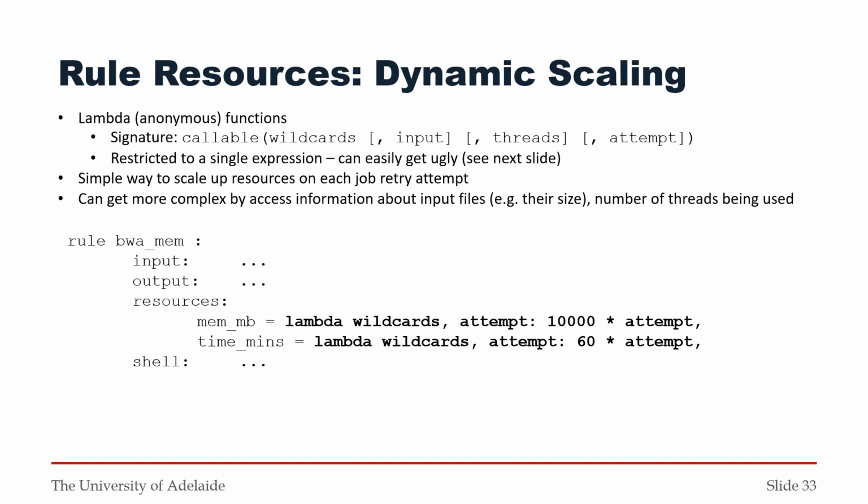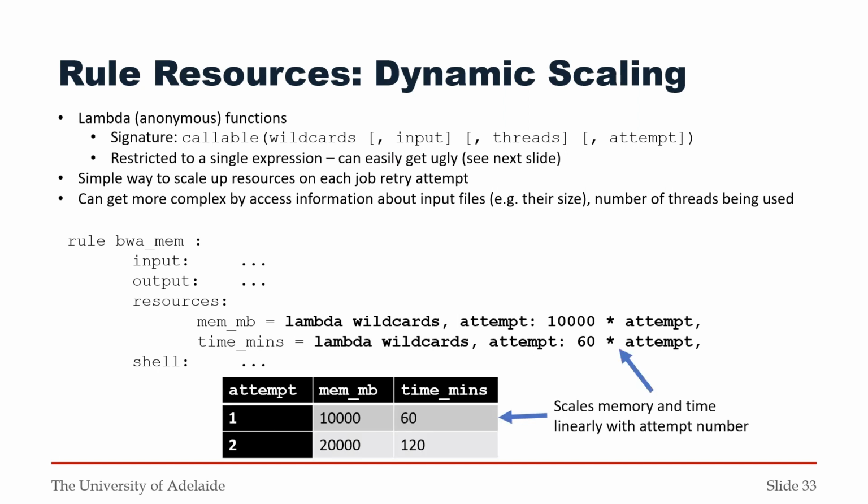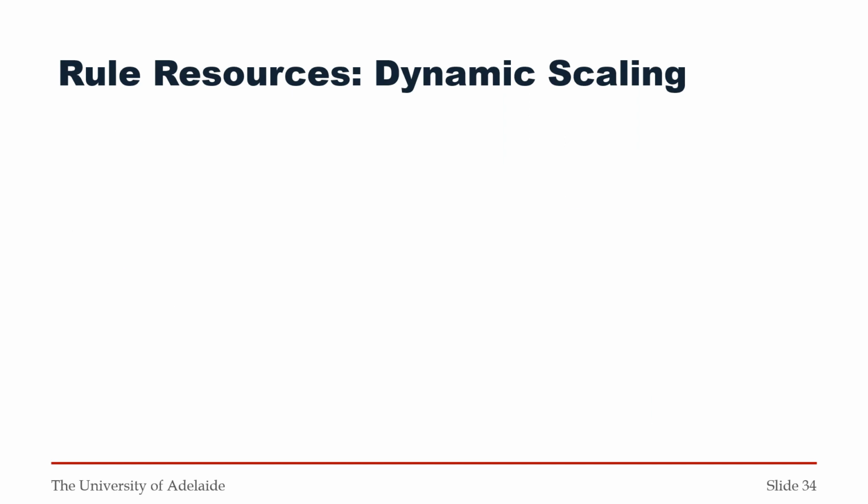So on the first run, the memory will be 10 gigabytes. On the second attempt, if a job fails, it'll increment that and go to 20 gigabytes, and something similar for the time requirements. So this is a bit of a blunt way of trying to get a job over the line if a failure is potentially due to a lack of resources.